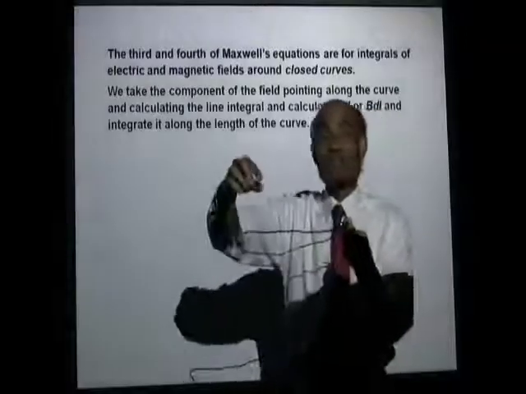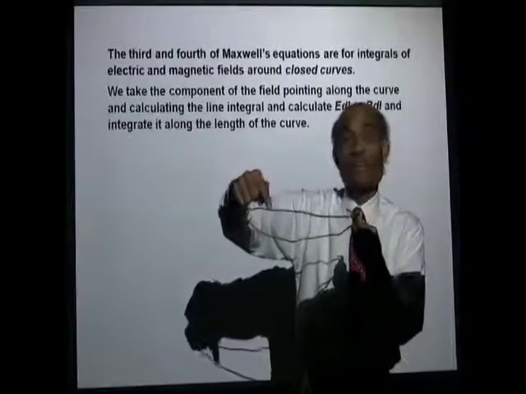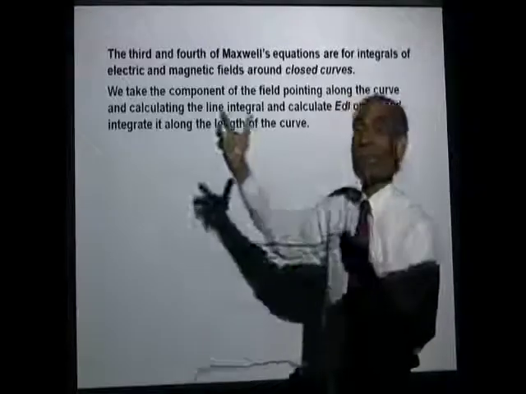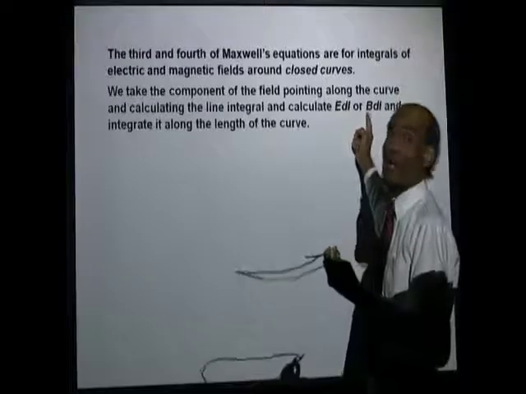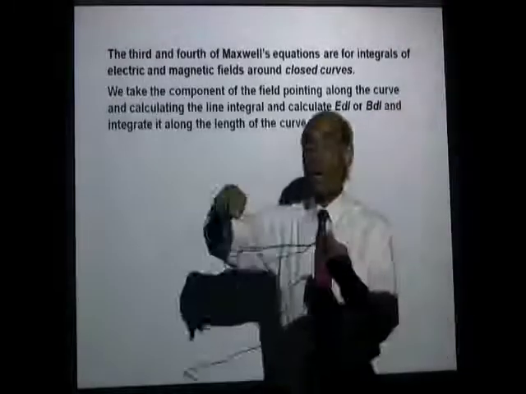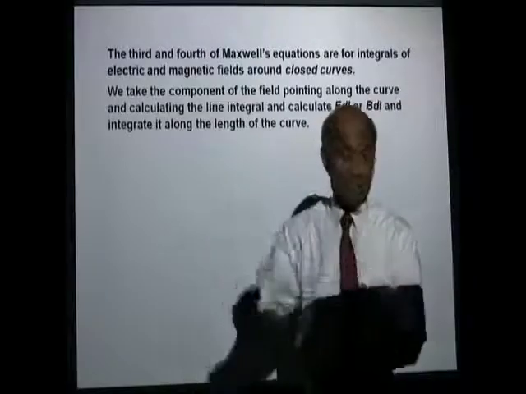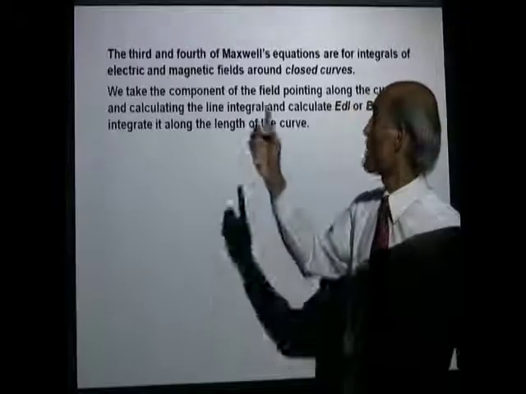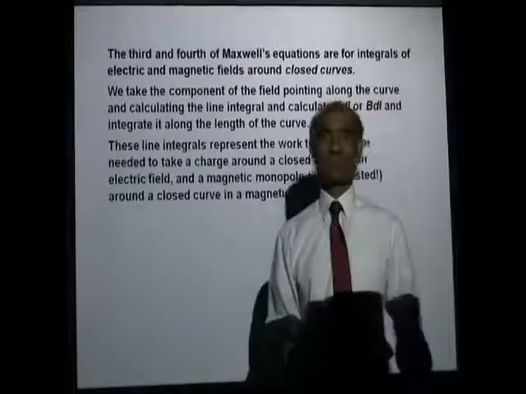In the case of the electric field, we take the component of the electric field along dl. In the case of the magnetic field, we have the magnetic field along dl. So we have E dl or B dl and integrate it along the curve, and that is the quantity we will be using to describe the third and fourth of Maxwell's equations.